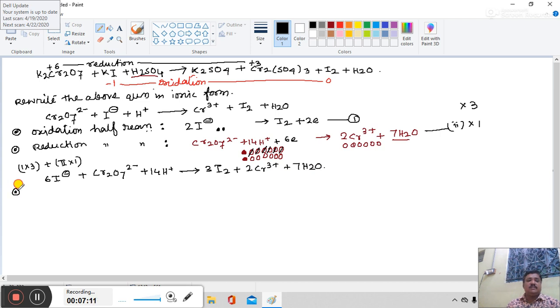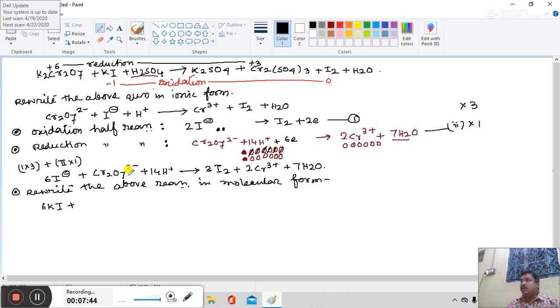Then rewrite the above reaction in molecular form. Now 6I-. I- comes from KI, so 6I- comes from 6 molecules of KI. Cr2O7 2- comes from potassium dichromate.